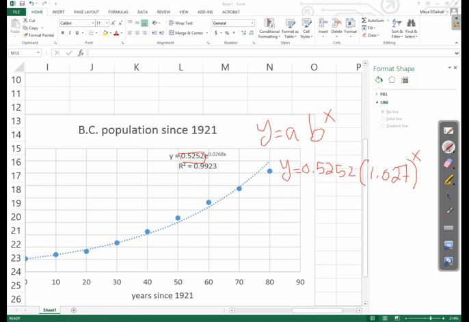So what we did is we took e to the power of 0.0268 on the calculator so we can find our base, and then we kept the power of x as the power. Are you guys okay with that? So every time you do an exponential function, it's gonna look like this, and you have to use your calculator to find the actual equation. Clear? Okay.